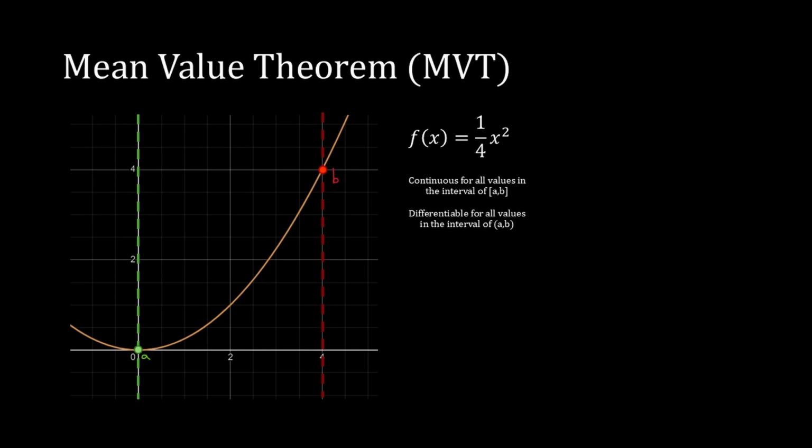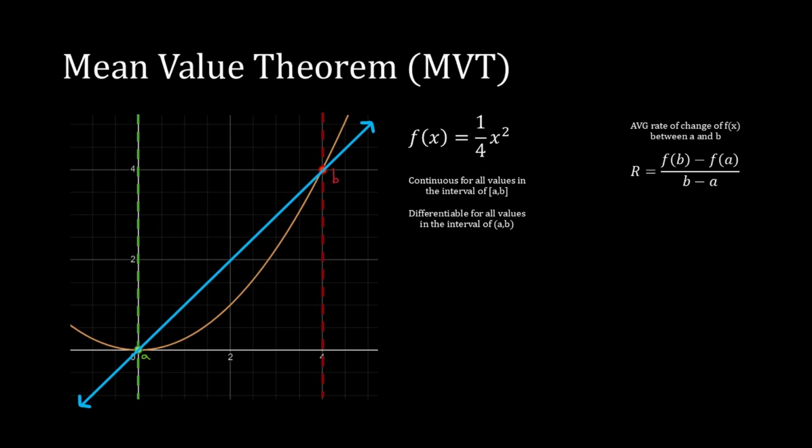The first thing we are going to do is find f of x's average rate of change between the points a and b, or in other terms, the slope of the secant line that runs through both a, f of a and b, f of b. We can write this as f of b minus f of a over b minus a, the average rate of change, which we will call r.